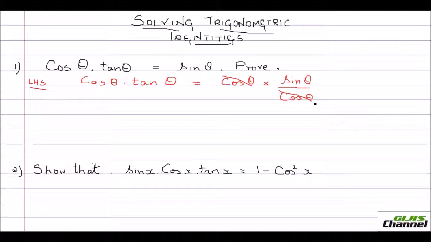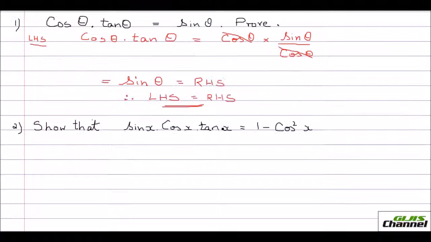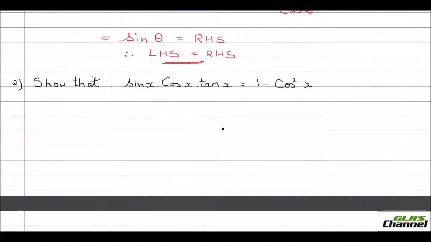The cos theta over the numerator will get cancelled with that of the denominator, and you are left with the sine theta. Okay, so that is equal to sine theta, which is again equal to our right hand side. Okay, so this is done. The first one is done.